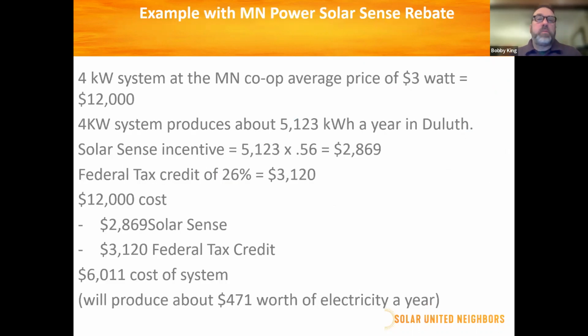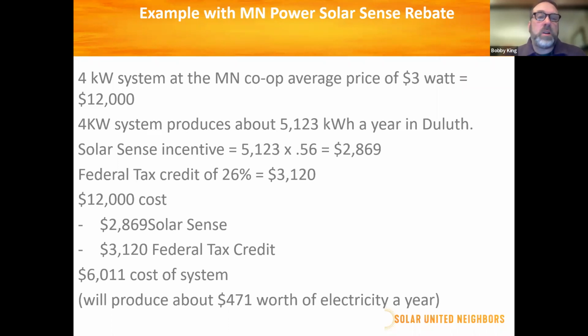Here's kind of what that would look like in terms of how much it would pay you. So for a 4 kilowatt system at $3, figure $12,000. In Duluth, a 4 kilowatt system is going to generate about 5,123 kilowatt hours a year. There's a program that you're required to use to figure that out. Your installer figures it out.